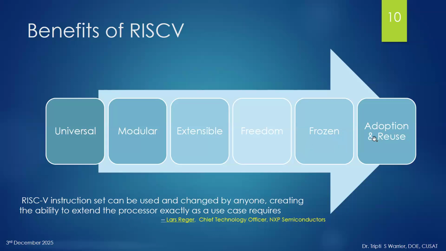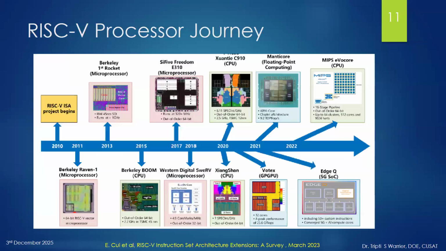And then you will be able to reuse a design done by anybody which is available in open source for your own use also. So these are the advantages. You can use and change it to create your own processor exactly as per your requirement. That's the advantage of having the RISC-V ISA.